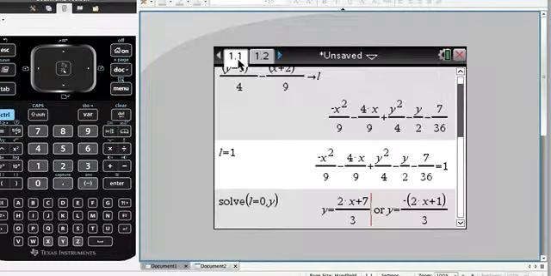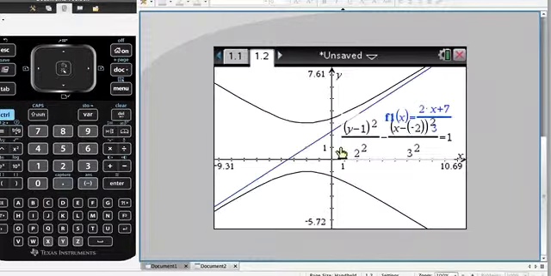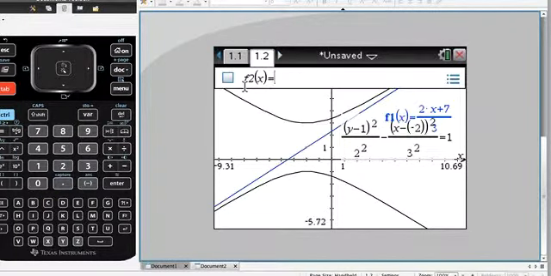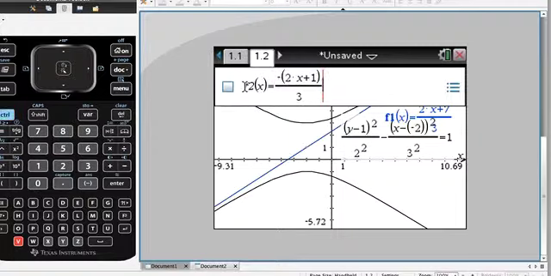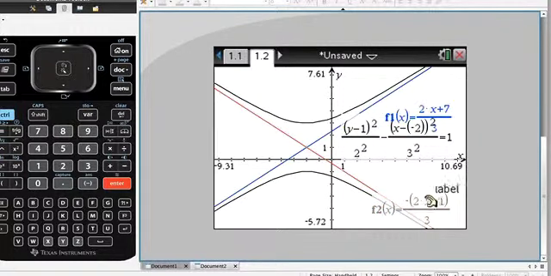And the other asymptote that we have was this one, so I'll just copy that again. And again, I'll just push tab and paste, and awesome. They cross at the center point of the hyperbola, and our hyperbola clearly approaches them but doesn't touch them. So these are definitely our two asymptotes.